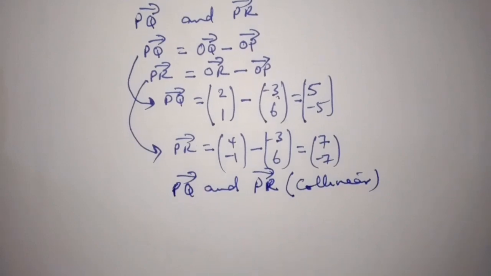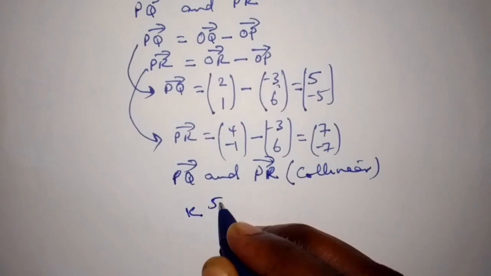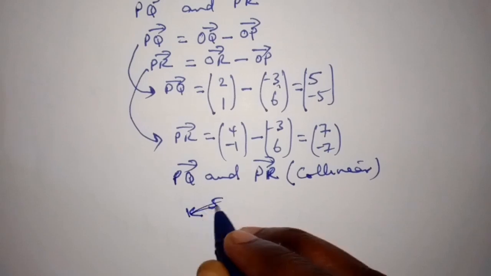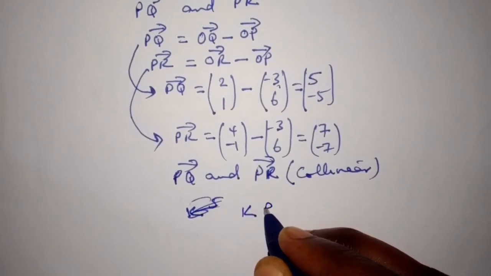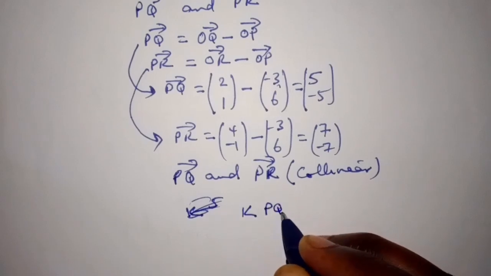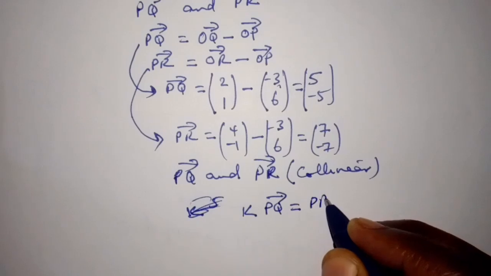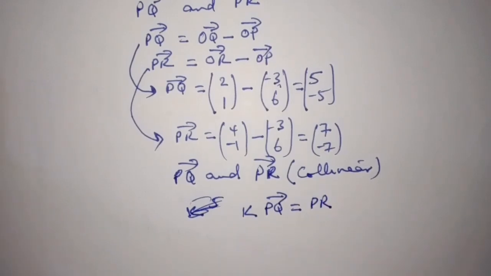We can say that K times vector PQ is equal to PR, where K is a scalar. We want to prove that vectors PQ and PR lie on a straight line.